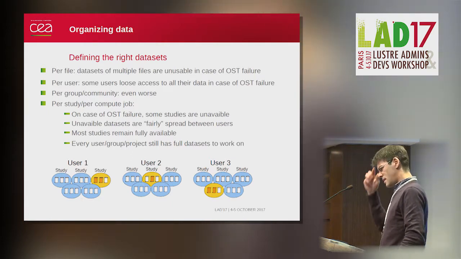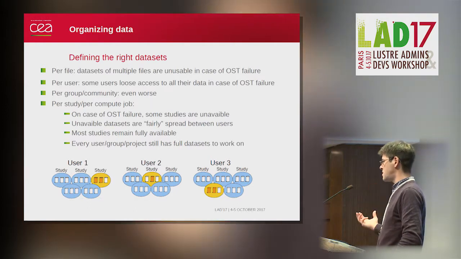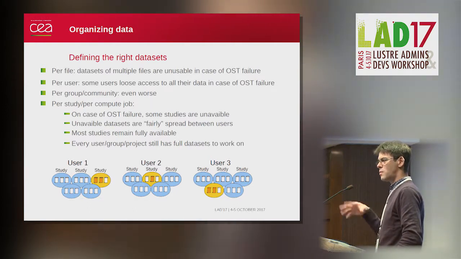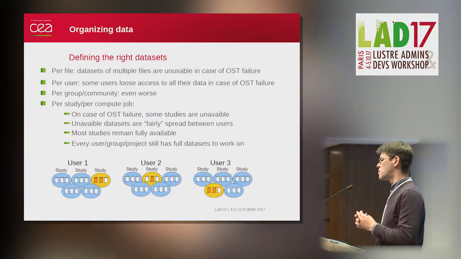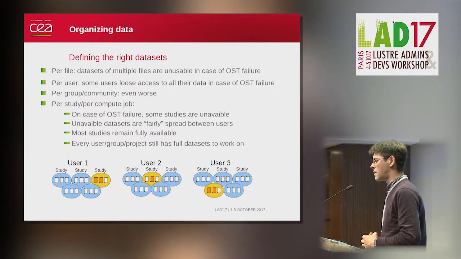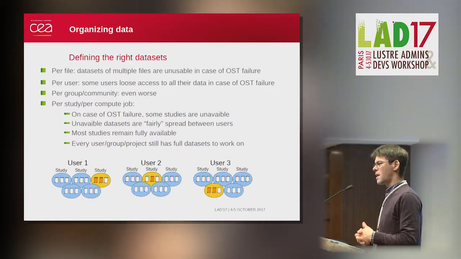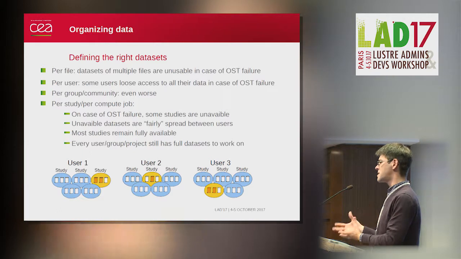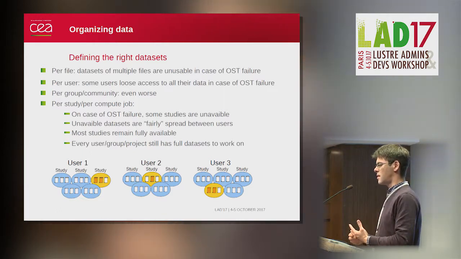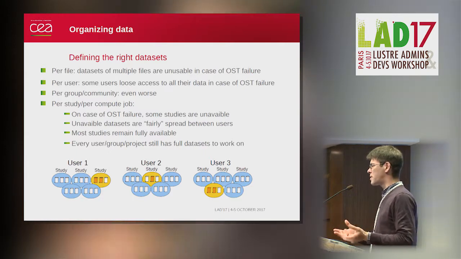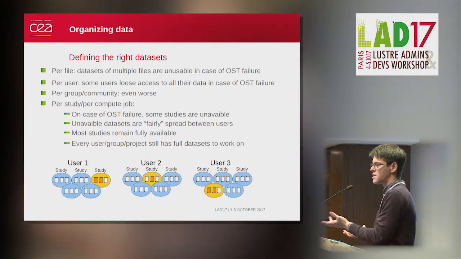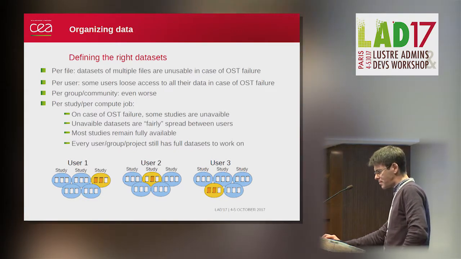In this case, when there is an OST failure, some job data will be unavailable, but as users in general run multiple computations at once, every user will still have a safe data set to work on. So it can still work even if some of these computations are no longer available.